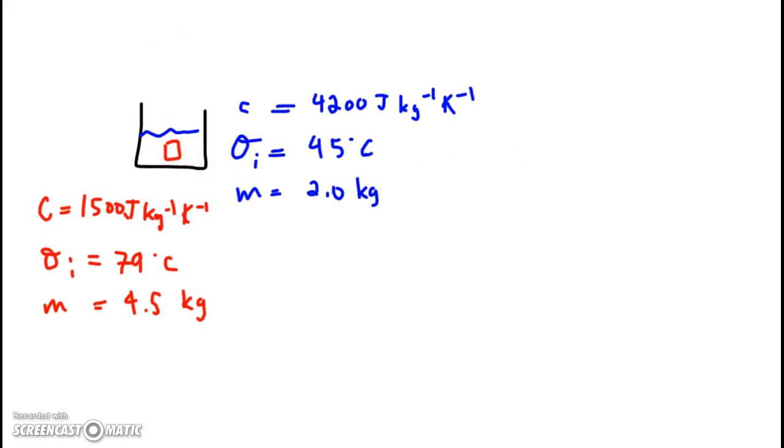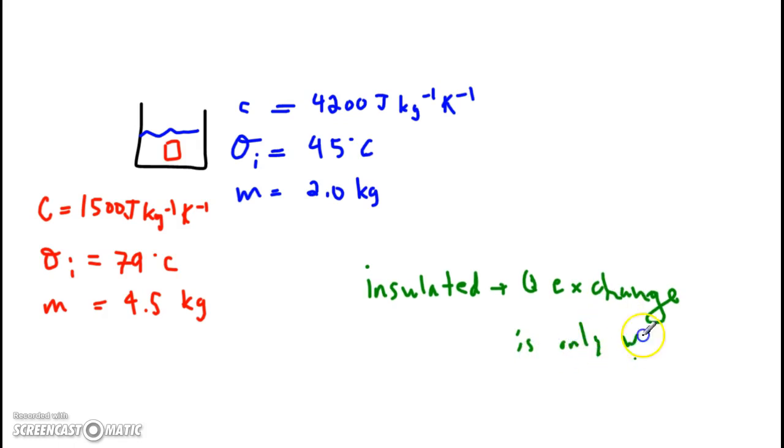We let these two things sit. They are insulated from the surroundings, and insulated means they only exchange heat with each other. The heat exchange, Q exchange, is only with each other.